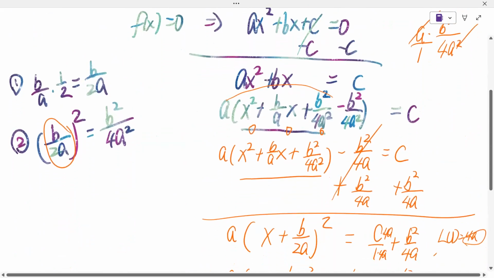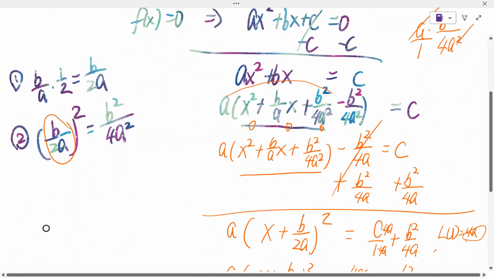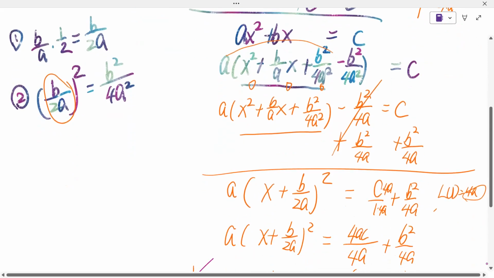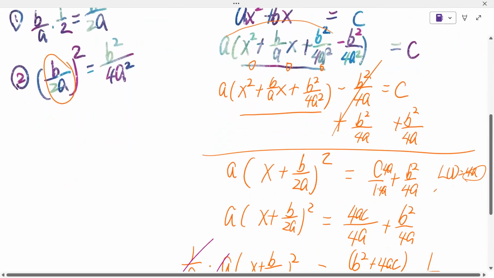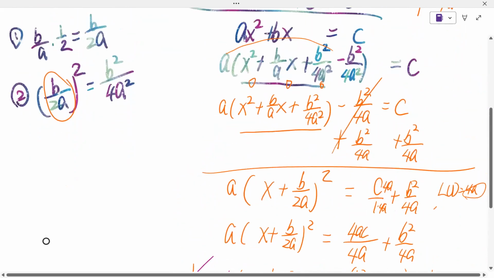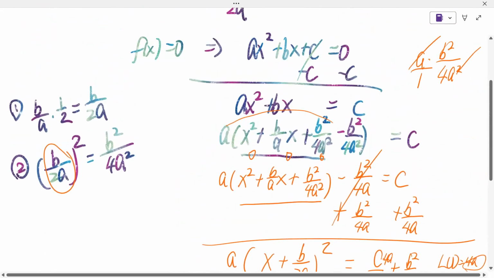Something is off. Let me double check. Oh yeah, minus c. I overlooked.